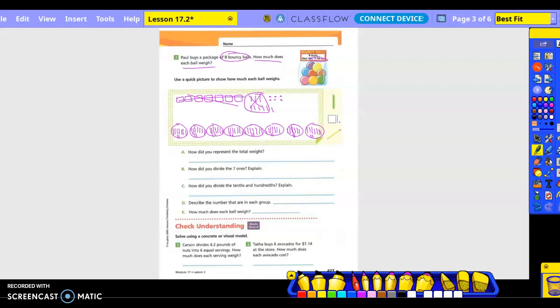No. So now we're going to mark off this long and make it into what? 10 small cubes. Now how many small cubes do I have? 16. So I'm going to put 2 small cubes in each group.